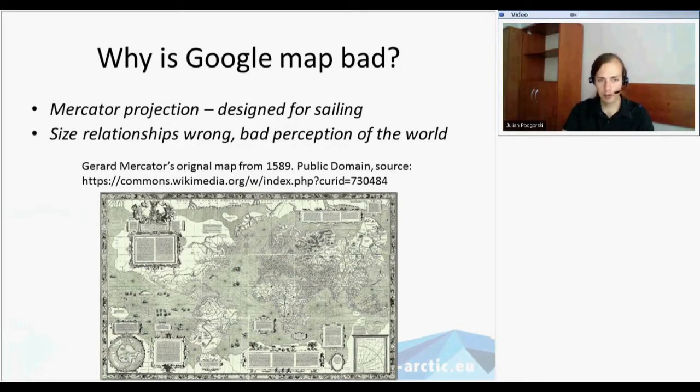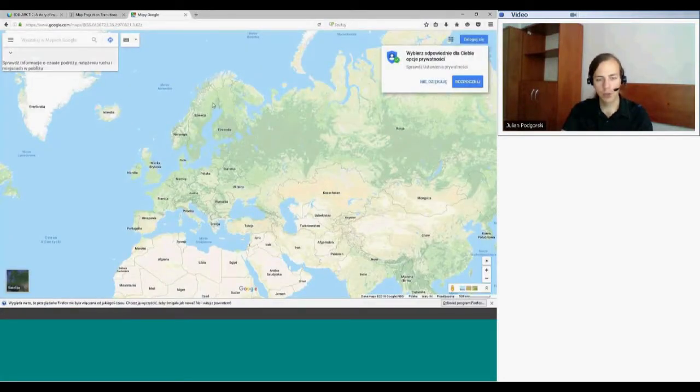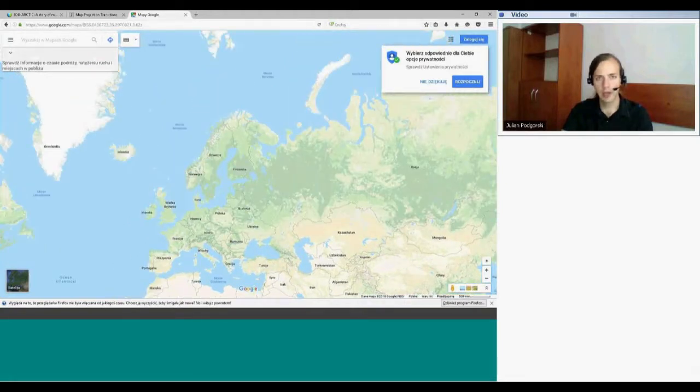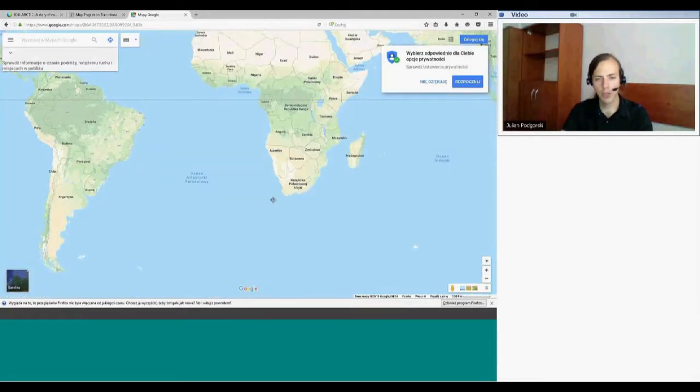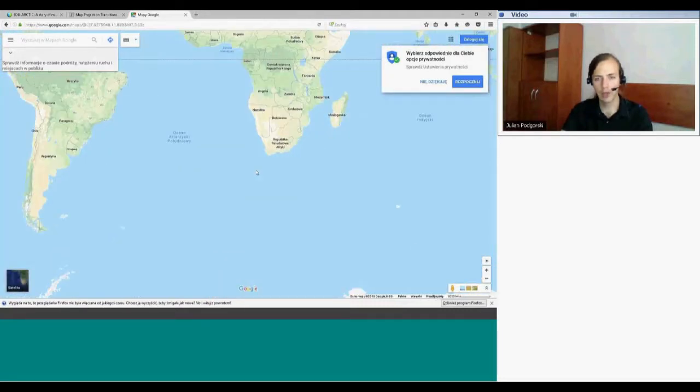This made traveling and plotting the course and reaching places much easier for sailors, but there is a big side effect to it, and that is that areas that are far away in the north and far away in the south are much bigger than they should be in reality.